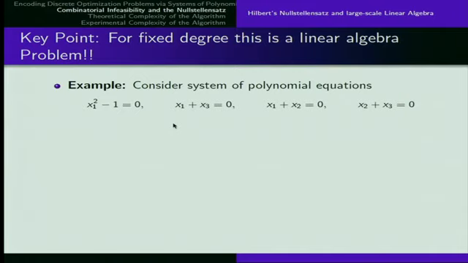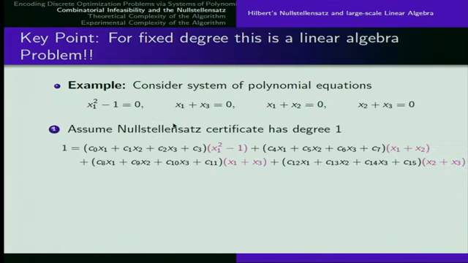So there must be a certificate that this system of equations has no solution. Now, let's suppose that somebody tells me that the degree of this certificate is 1. So the polynomials are degree 1 polynomials. Then I have this kind of expression where the coefficients are linear polynomials, and I don't know the coefficients of the variables.